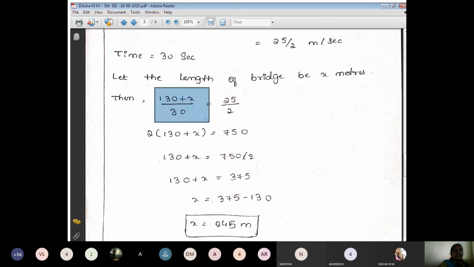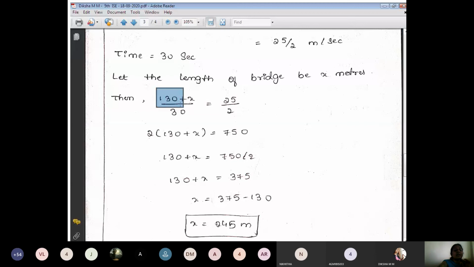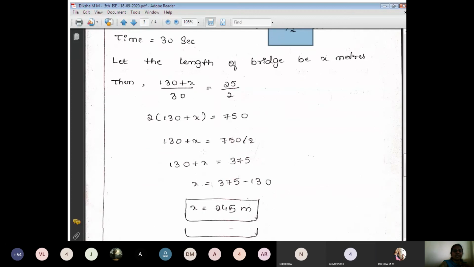Time is 30 seconds, and distance we have taken as 130 plus x, where 130 is the length of the train, plus the length of the bridge. So total distance divided by time is equal to the speed, 25 divided by 2 meters per second. Finally, we perform the cross multiplication, which you can do very easily.